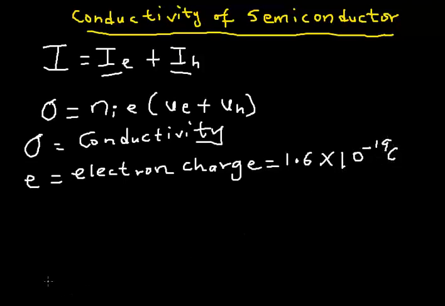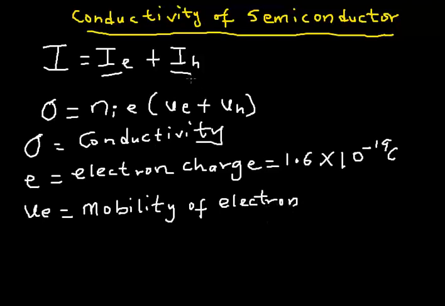Then the next is the one in the bracket, μ_e. This is the mobility of the electron.